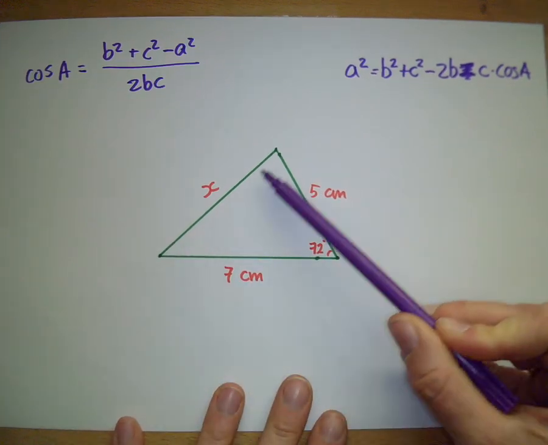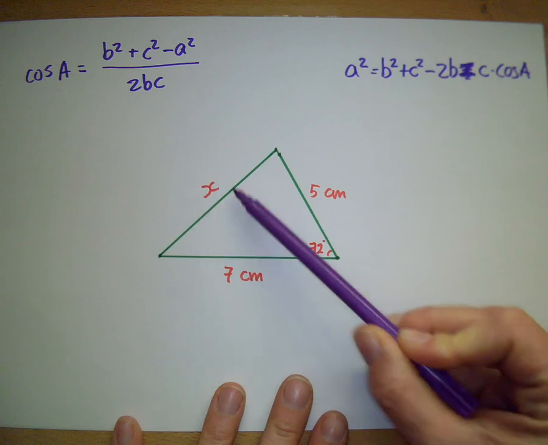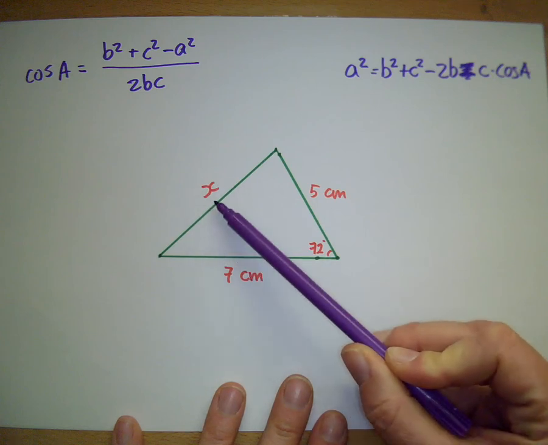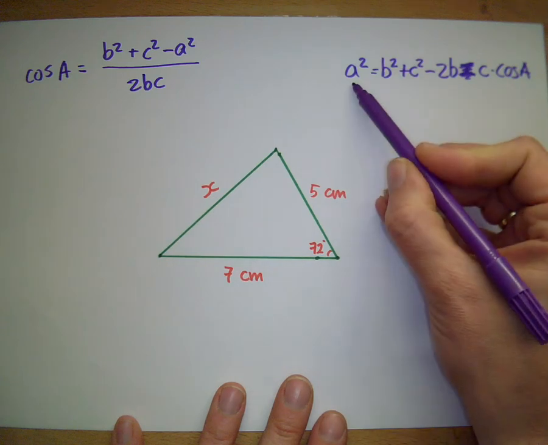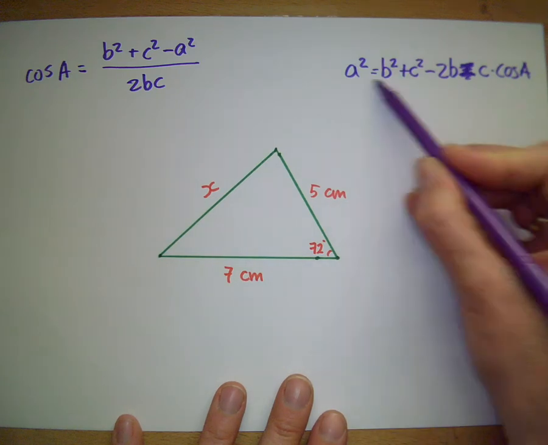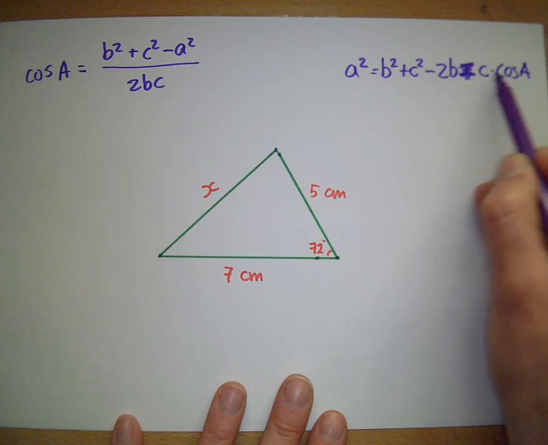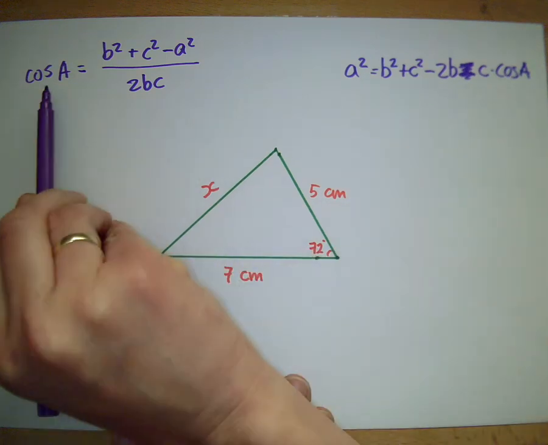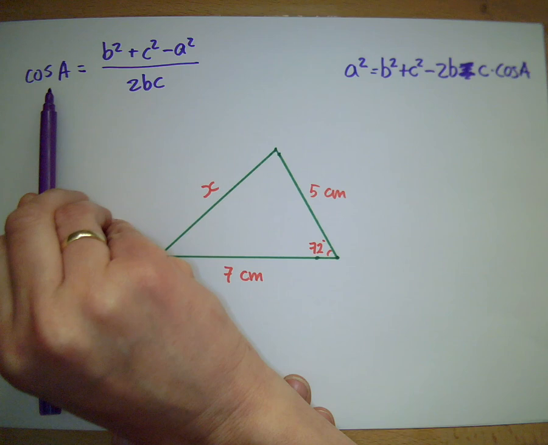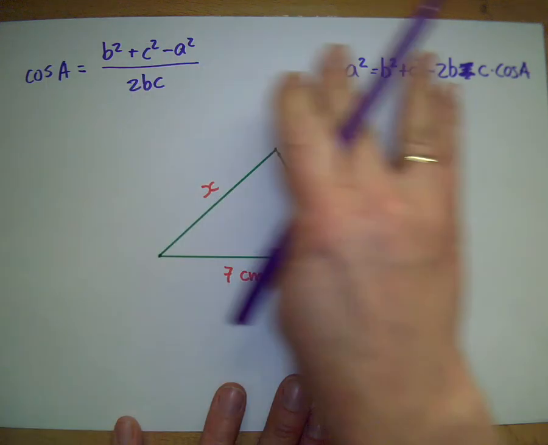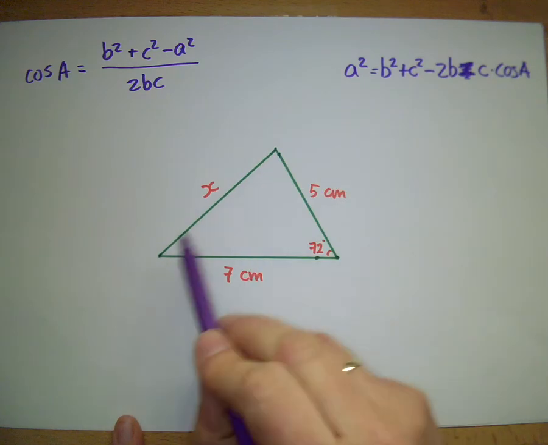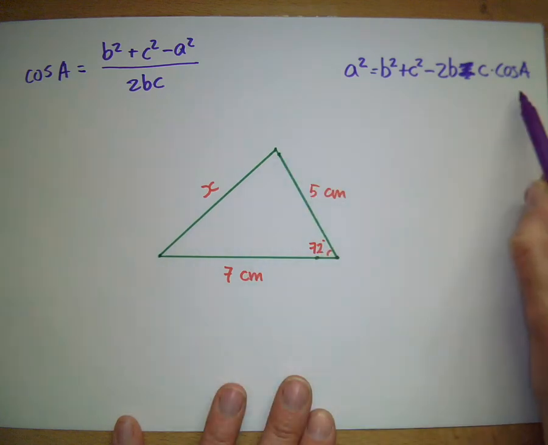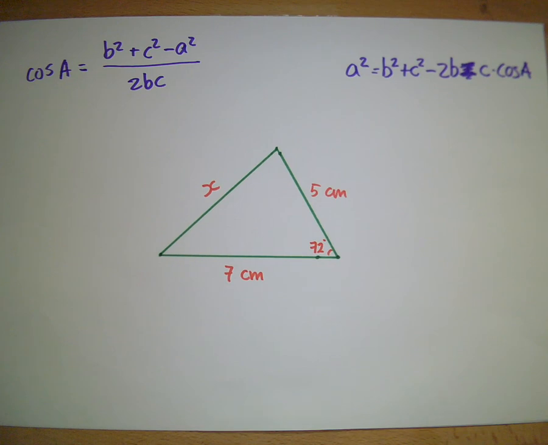We have an unknown side. That's what we're trying to find. When we're trying to find a side, we want the side to be the subject of our equation, right? If we were trying to find an angle, we would use this form of the cosine rule. These are the two forms of the cosine rule rewritten on this page. Here we're trying to find a side, so we use this form of the equation.